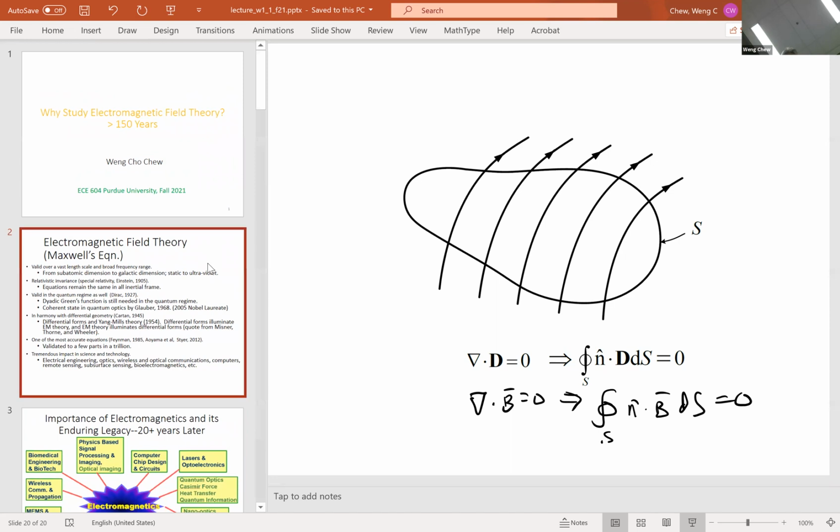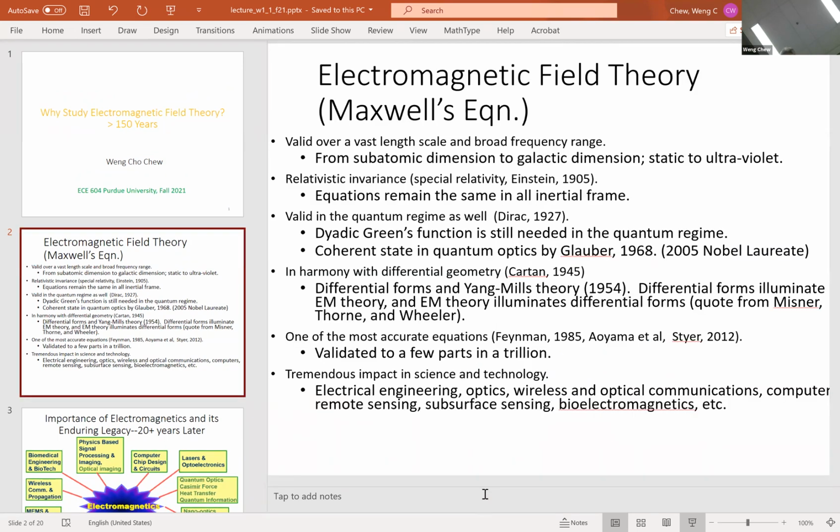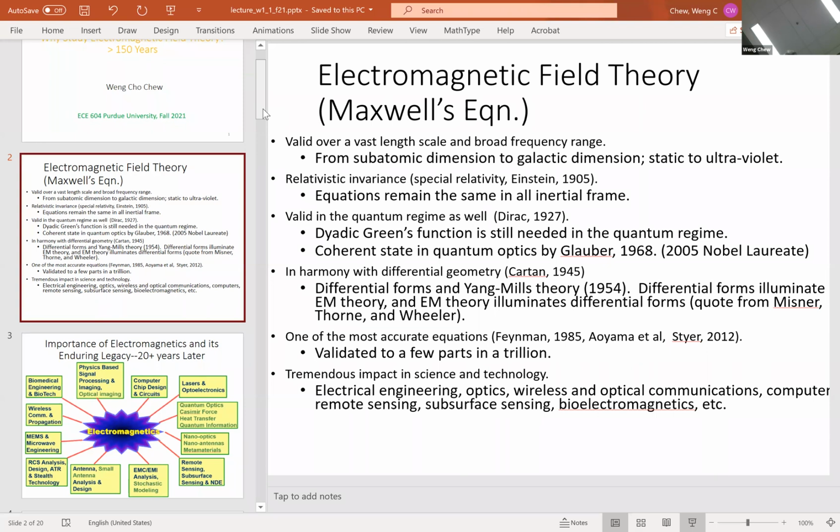So we started out by going through this history of electromagnetic field theory, all the wonderful things that you can see. I would like to say that from electromagnetic field theory, you can derive circuit theory, but not everything in electrical engineering. A large part of electrical engineering follows from electromagnetic field theory.